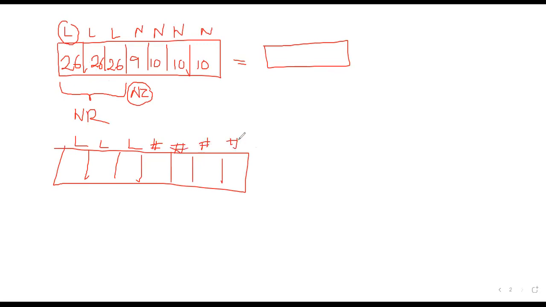If they're not repeating, the only difference is that here we're going to have 26 chances, here we have 25 because one has already been taken, and here we have 24 chances. For the numbers, it's just limited to this one, non-zero number. We have 9, 10, 10, and 10. Are we getting the logic?